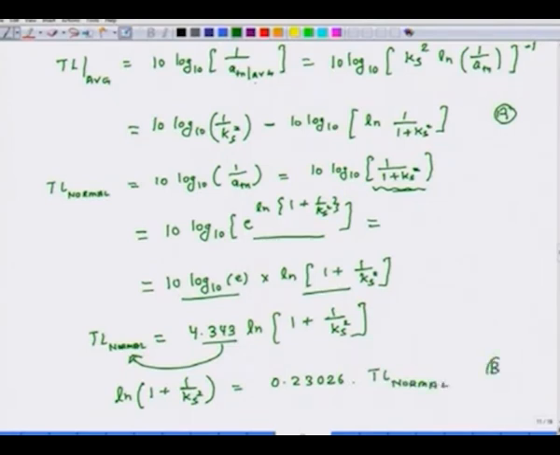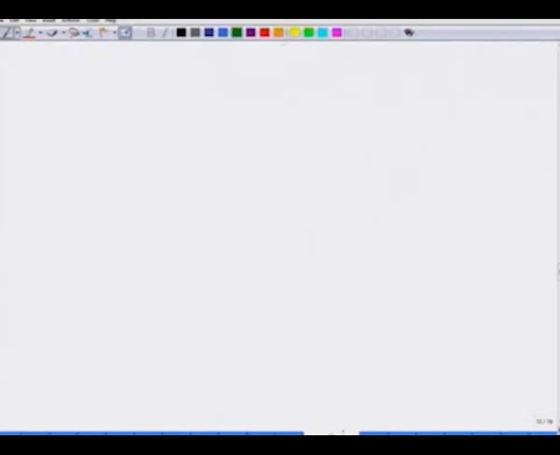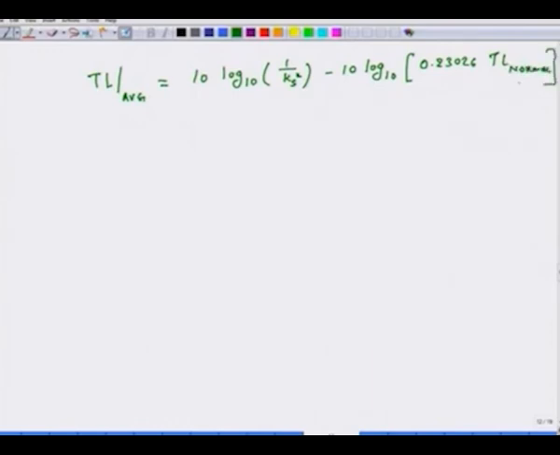So, this is my equation B, and what I am going to do is put equation B into equation A. I am going to replace this with this term, and what I get finally is, what I am interested in finding out, the average transmission loss. So, TL average is nothing but 10 log 10 of 1 over k s square minus 10 log 10 of 0.23026 TL normal.